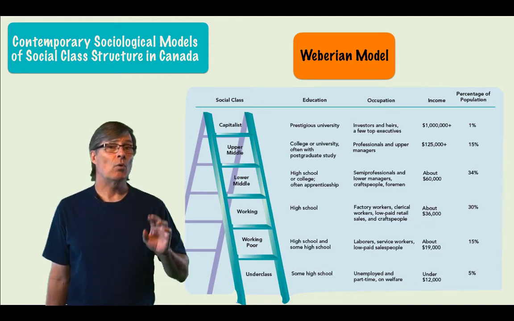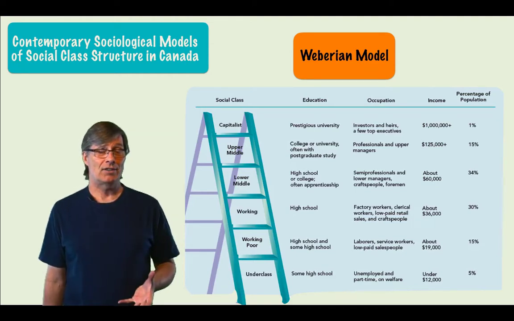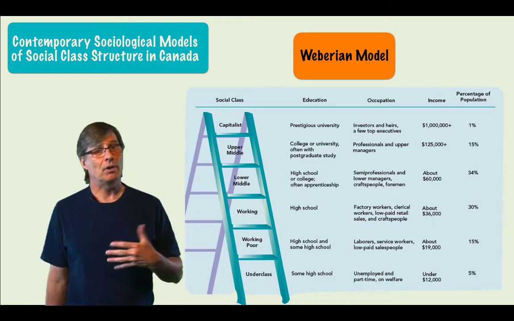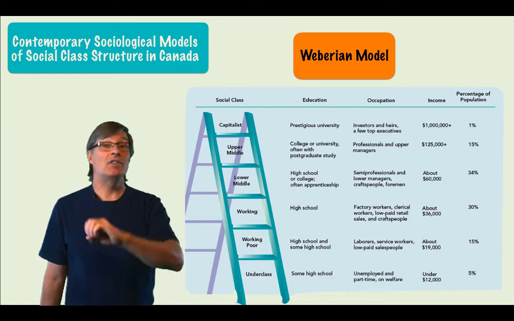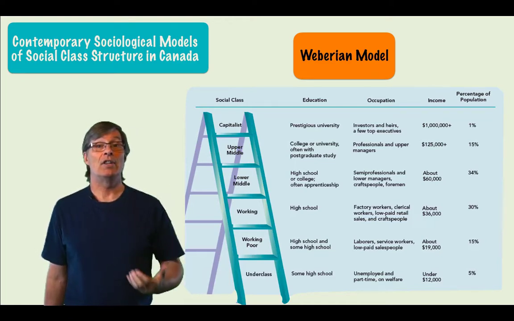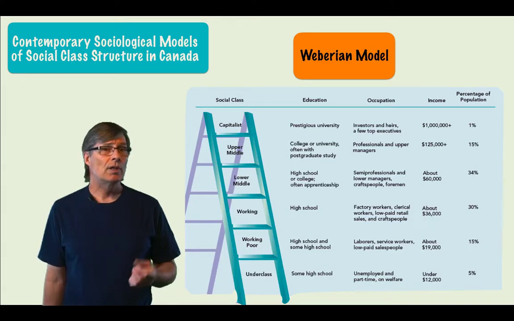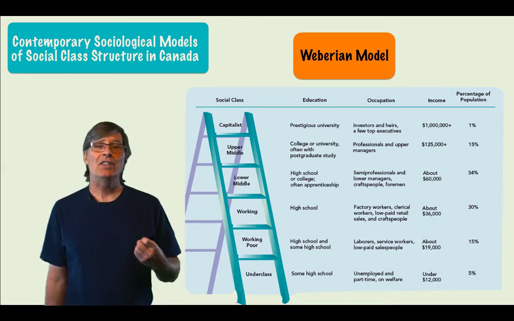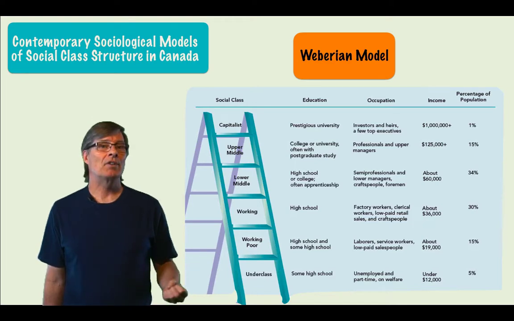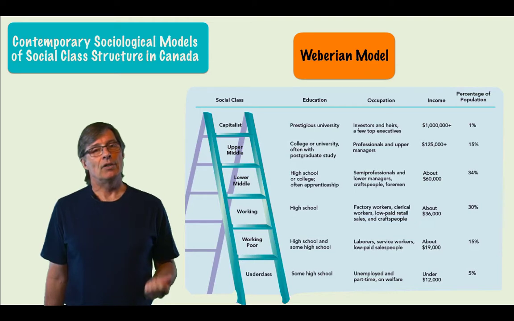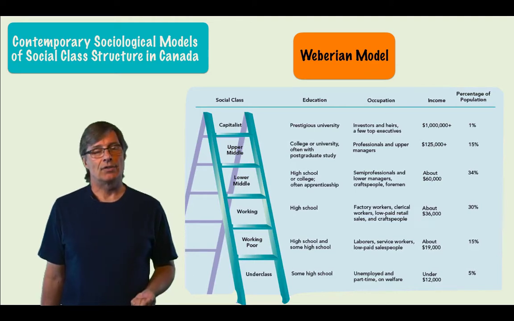Now, there are a few groups that are overrepresented in this class, where there are more people of these demographics falling within this lower area. Employed single mothers and their children, members of some visible minority groups, Indigenous people, and recent immigrants are all overrepresented among the working poor.